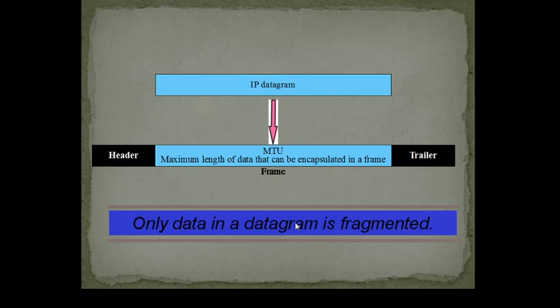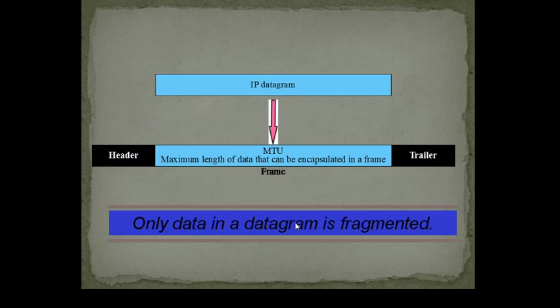So the header will always remain there, the header will be there in the frame, and the data part of the IP datagram will be fragmented, right? So it is fragmented according to the capacity of the network. We are calling it MTU, maximum transmission unit, right? So it will be dependent on the data link capacity.